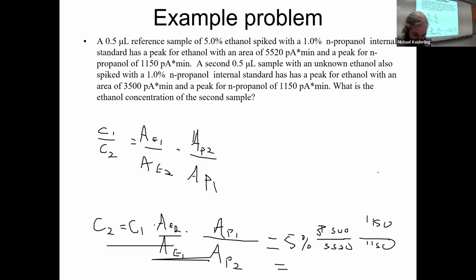So 5 times 3,500 divided by 5,520 is 3.17%. So that's just an example.